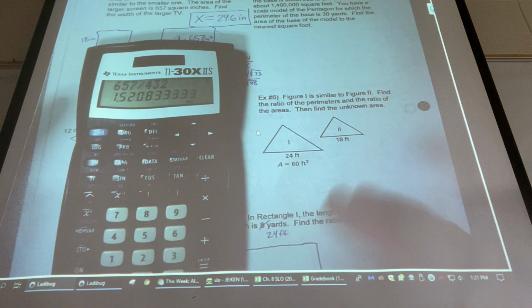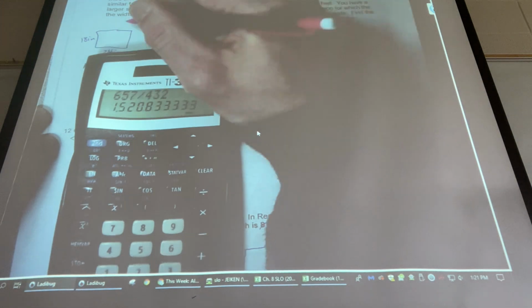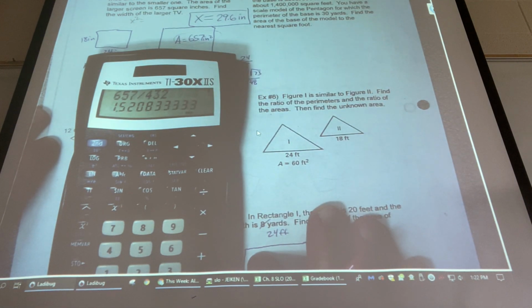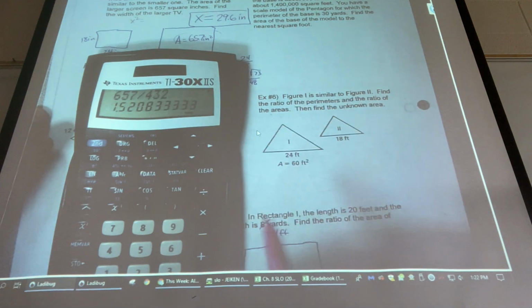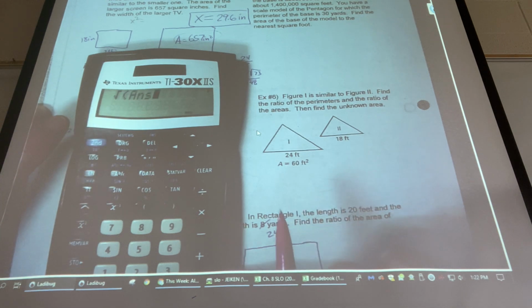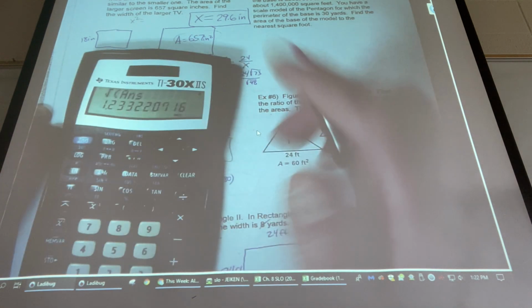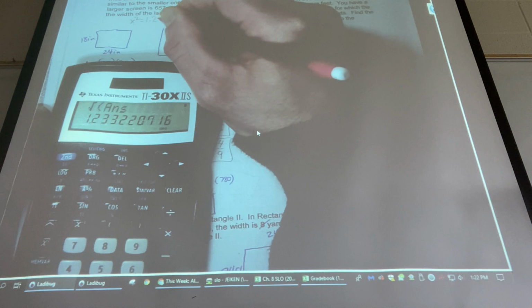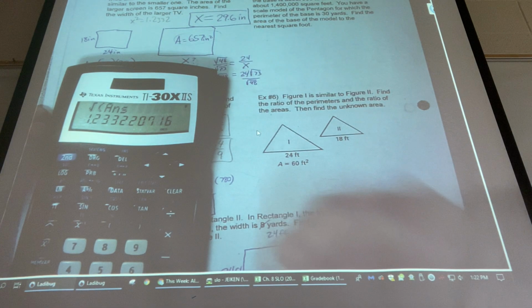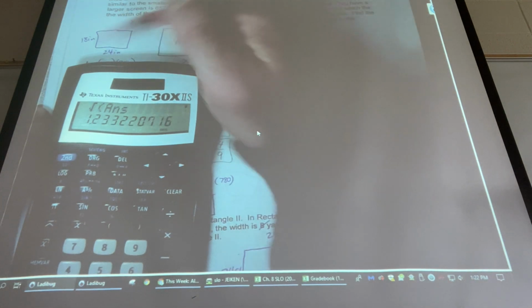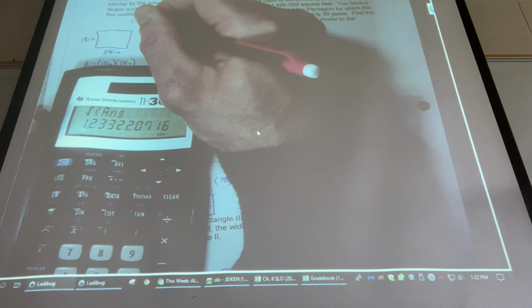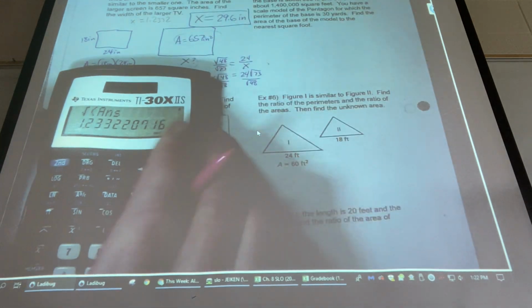And then I had to square root it, because at that point I'm at x squared equals all that stuff. But when I square rooted, I get 1.2332, and it goes on, doesn't it? So that's my x value. Does that match the answer we got? No. It doesn't.